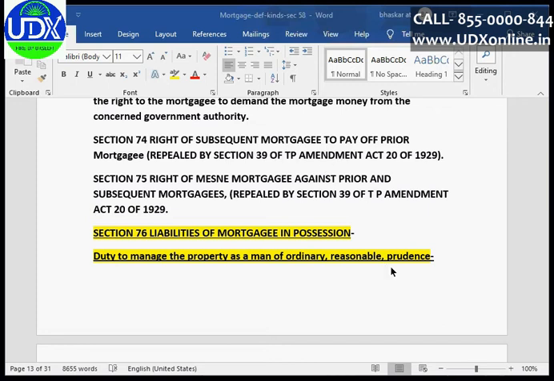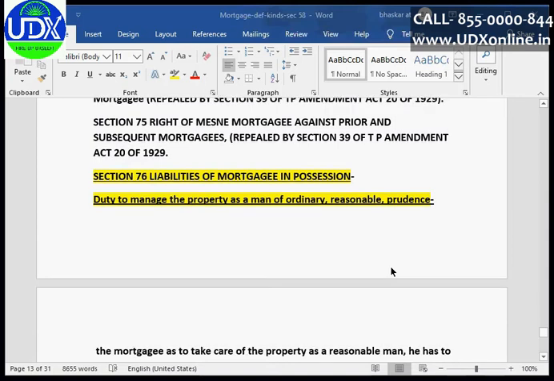First point, duty to manage the property as a man of ordinary, reasonable prudence. You know, we have the natural brain, the normal thinking.